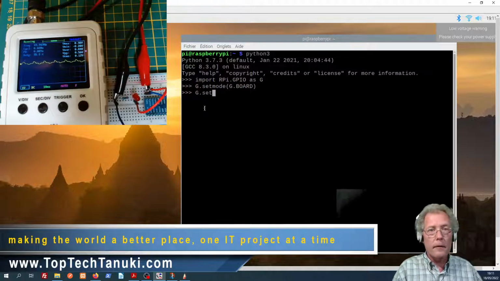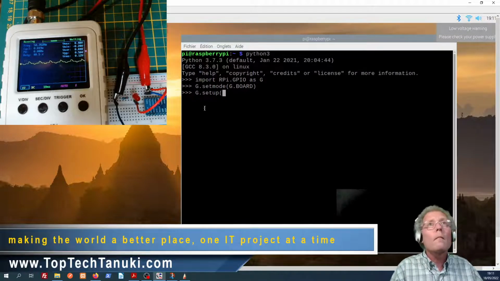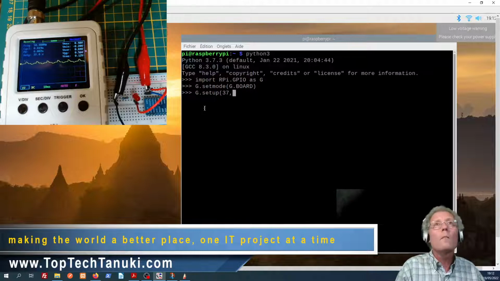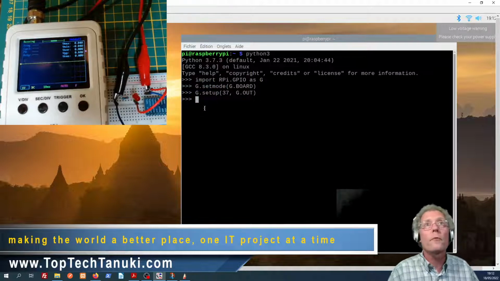And we'll say here that pin 37 will be G.OUT so that we can send a signal through this pin.